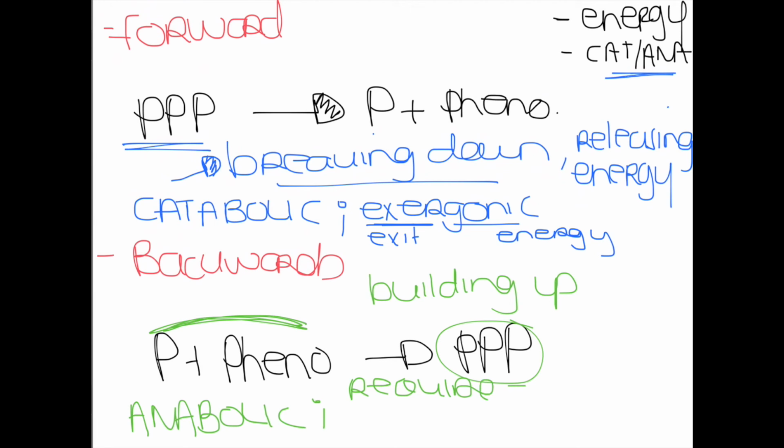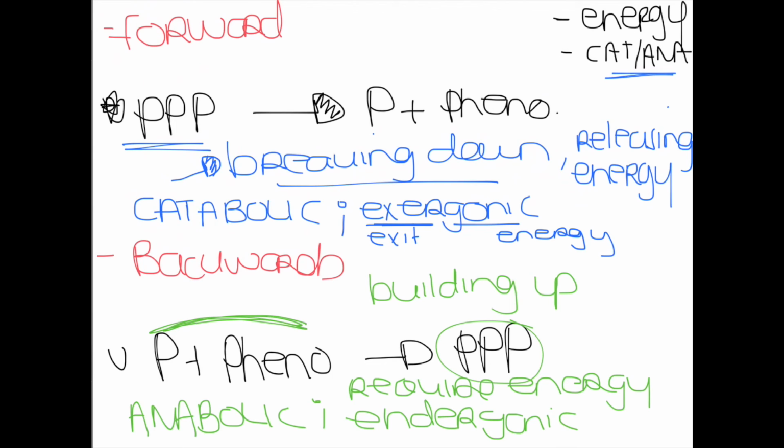Takes a lot of energy to build all those muscles. Requires energy, so you're going to need to take in energy, so it's going to be an endergonic reaction. So the words they're after here is this forward reaction, this backwards reaction, and then they'd like you to describe each reaction as either catabolic or anabolic, as we've done, and then exergonic or endergonic. We've done that here.